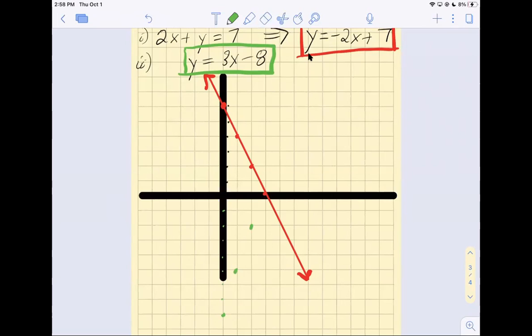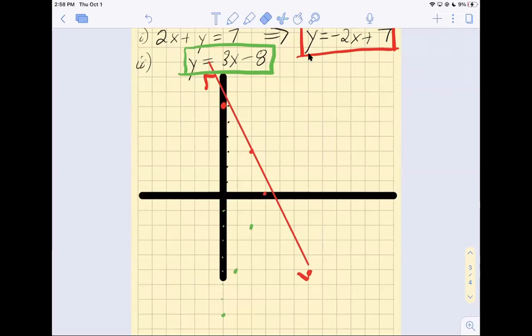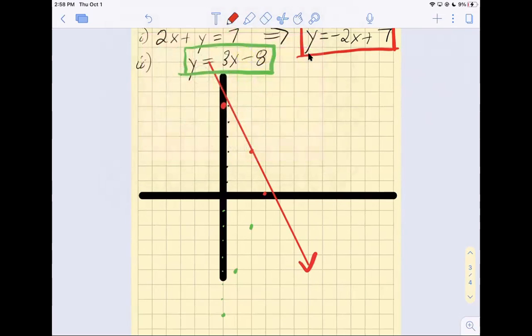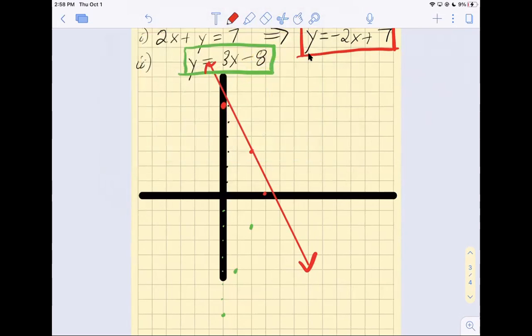Oh no. Let me see if I can do this. Yeah, I just miscounted, I think. Then count all the way to. So let this go through here.